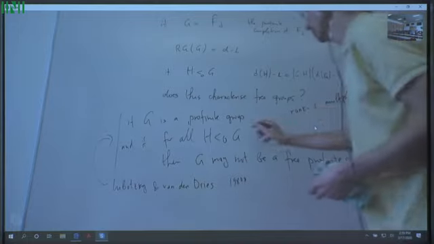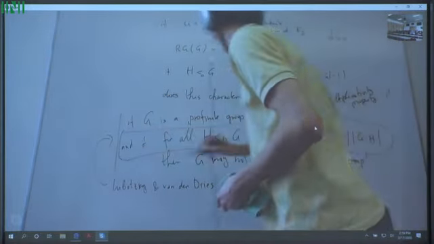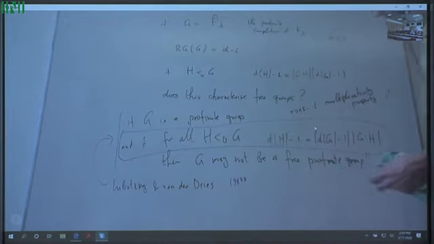So every subgroup of finite index of any open subgroup has rank which is exactly as if the group is free. Then what can you say about the group?